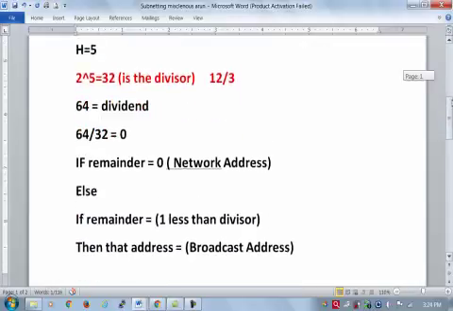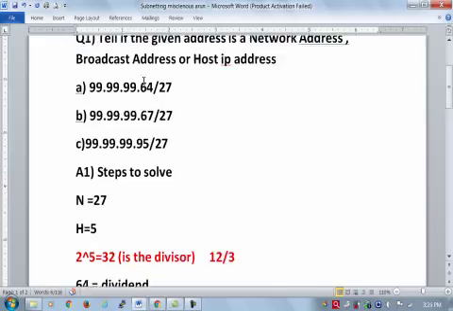Then I just divide, 64 divided by 32. If the remainder is 0, then the provided address will be a network address. I hope this is understood.